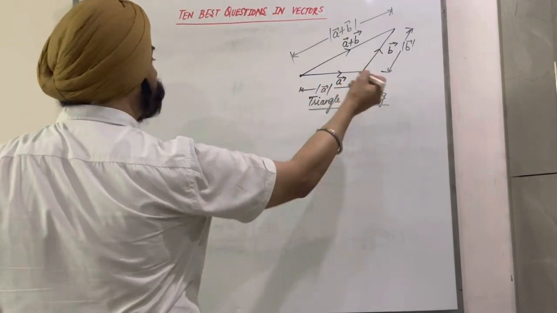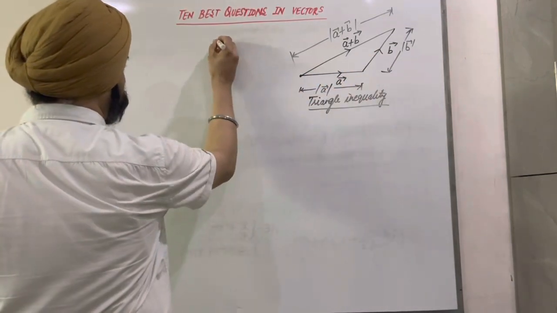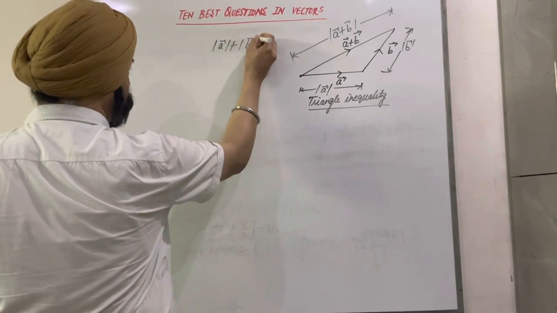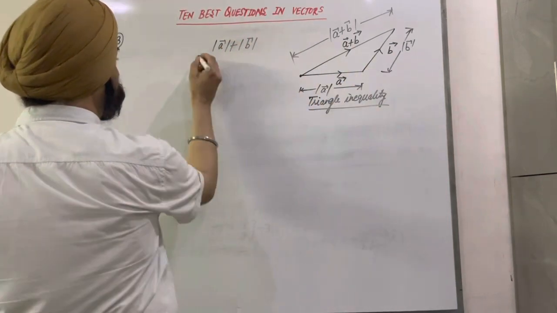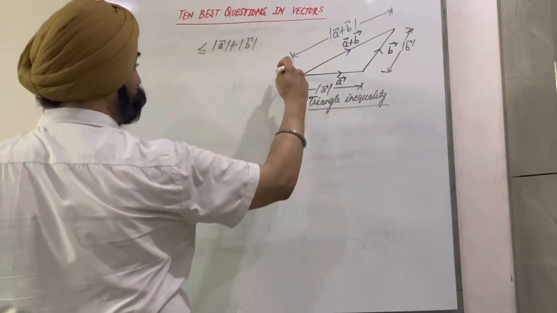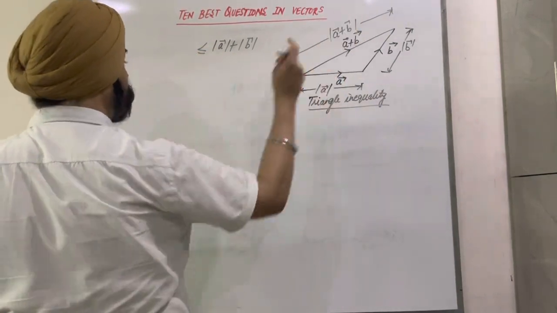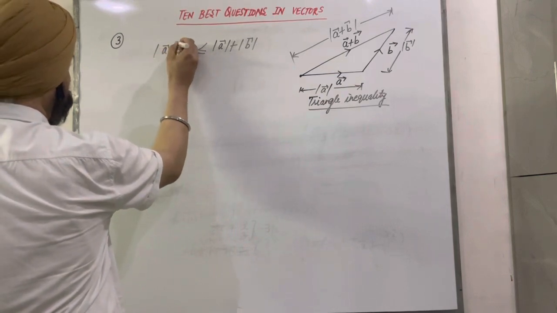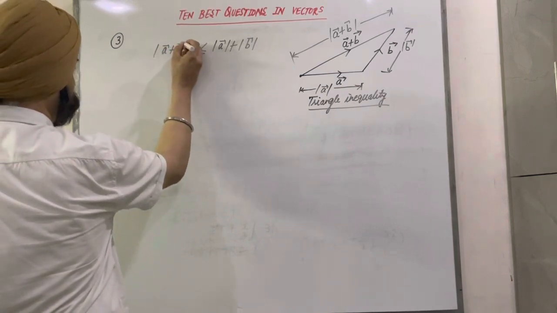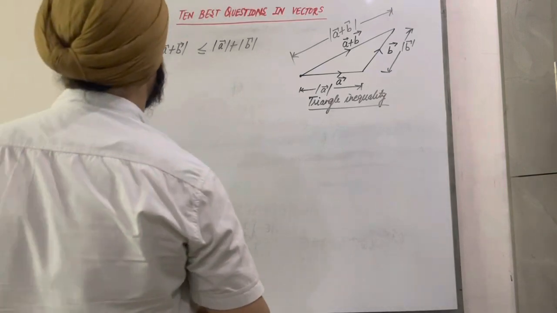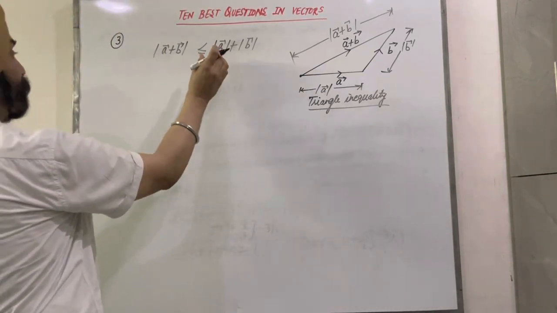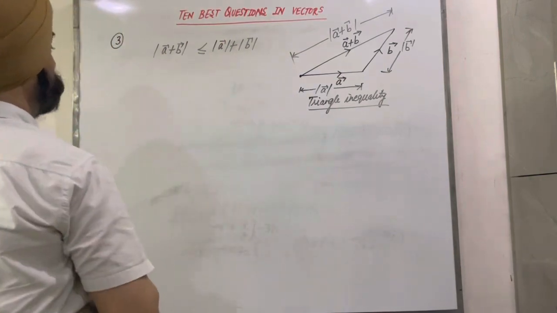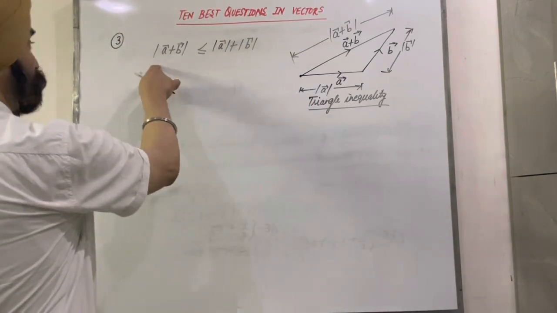Sum of two sides in terms of magnitude means magnitude of vector A plus magnitude of vector B is always greater than or equal to the third side, which is the magnitude of vector A plus vector B. So what we wish to prove is magnitude of A plus magnitude of B is greater than or equal to magnitude of A plus B.